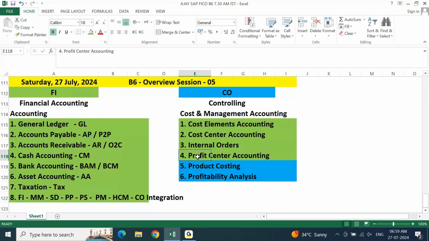If I skip the green highlights, the 4 points from the controlling side, I will not be able to record any debit credit accounting entry in my SAP. When debit credit is not possible, accounting is not possible in SAP, meaning your FI is dependent on CO to the extent of cost element, cost center, internal order, profit center.